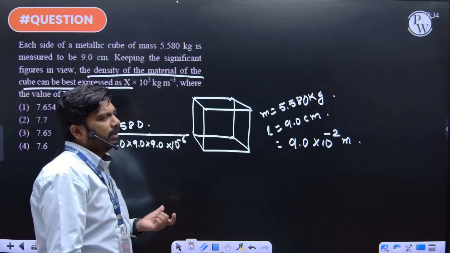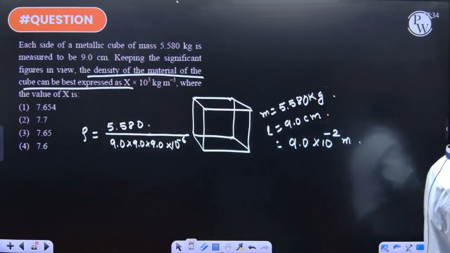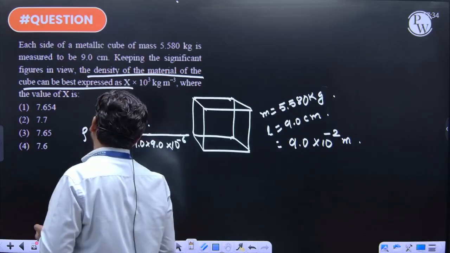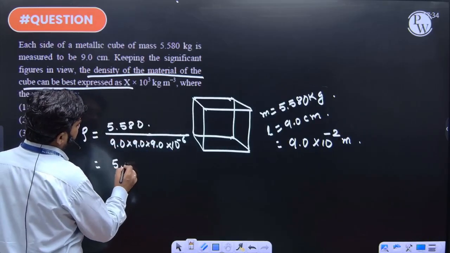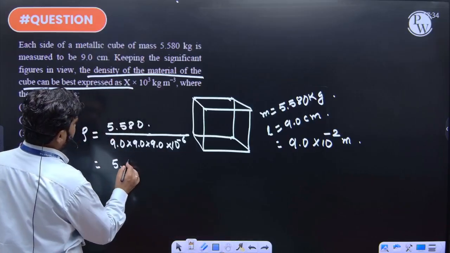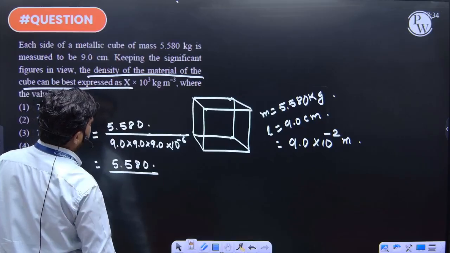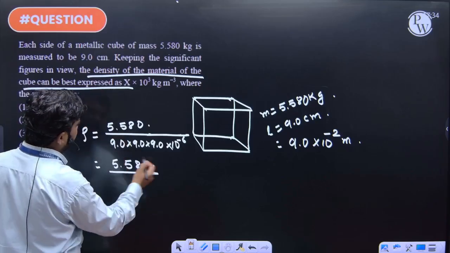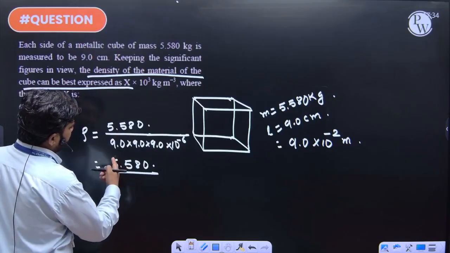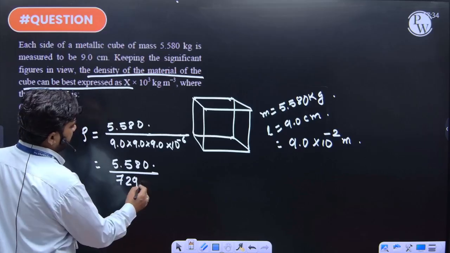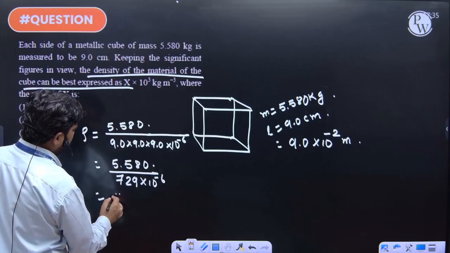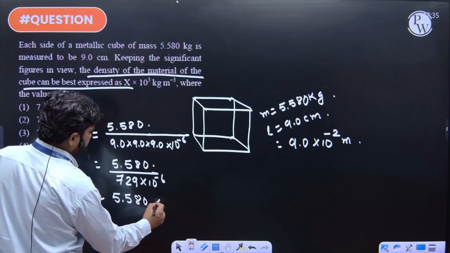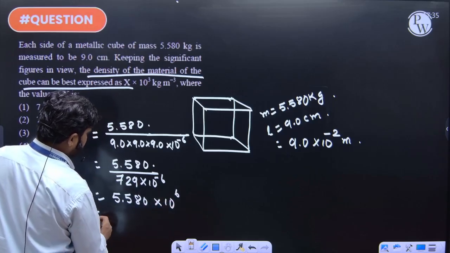Now when you are multiplying two numbers, the result should contain that number of significant figures which is least among them, right? So it is 5.580. So how much we will get? First we will multiply, at last we will do the calculation part. So 729 into 10 power minus 6. 5.580 here we can write it as into 10 to the power 6, right?